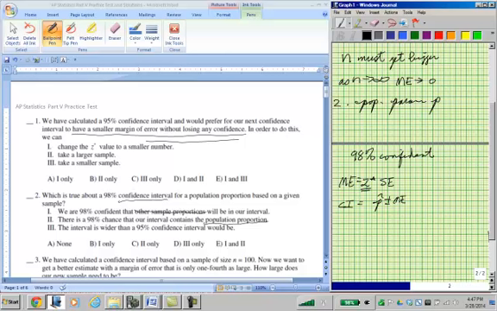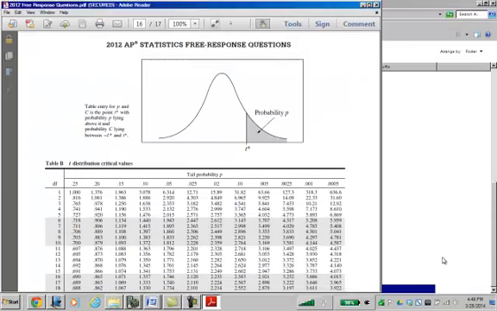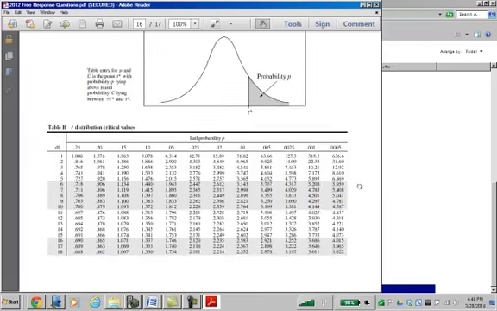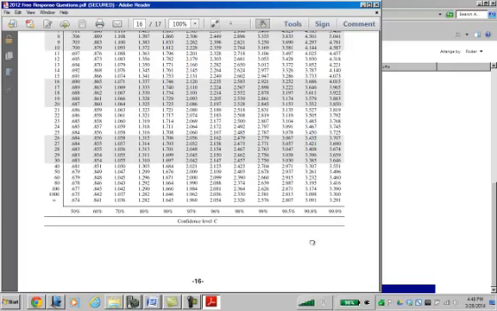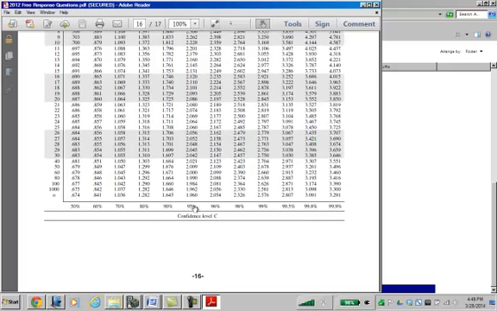Now for 95%, z star equals 1.96. And for 98%, z star equals, and I have to take a little time out here and go look it up. Now here is the table for the t-distribution, critical values, and at the bottom are confidence levels. So here's 95%, 1.96, 90%, 1.645, and here's 98, 2.326.